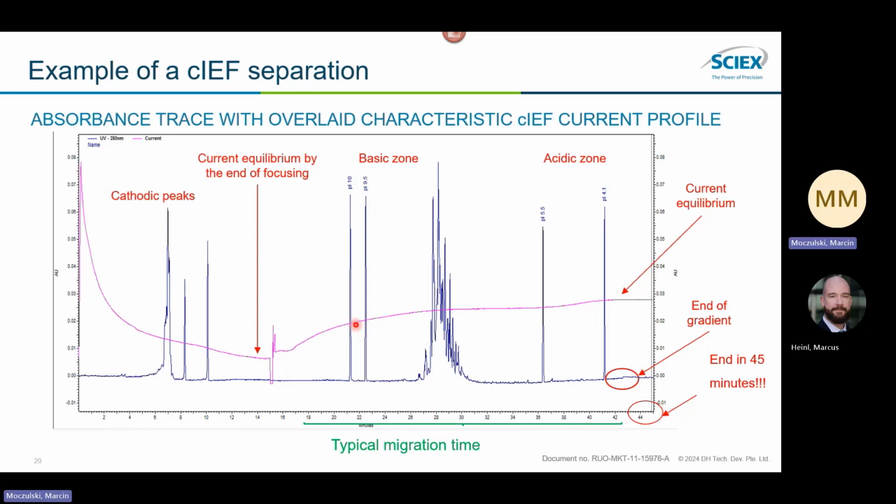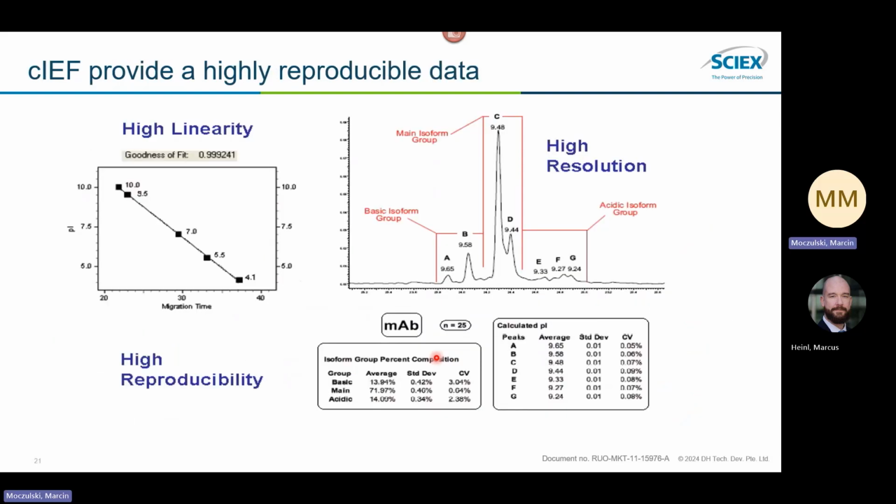And finally, in the chemical mobilization phase, we observe the pI markers, which are added to our mixture, and finally the profile of our separated proteins. pI markers are helpful to create a linear isoelectric point plot, and tell us about the quality of the linearity of the gradient we obtain during separation.